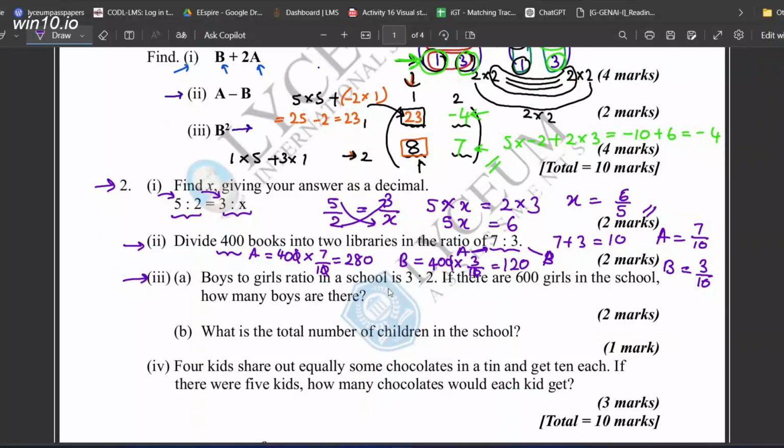Okay. In the third question A part, boys to girls ratio in a school is 3 to 2. If there are 600 girls in the school, how many boys are there? So what is the total of these two ratios? 5. So what is the fraction of boys in this school?